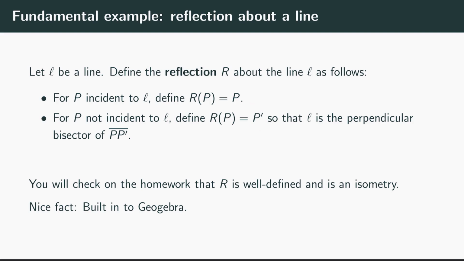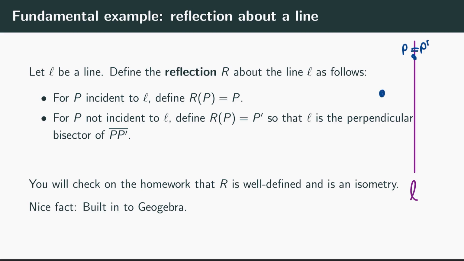So the picture to imagine is I have a line L here. If I put a point here P on the line, that's going to be the same as its image. Right? P and P prime are the same if I'm on the line.